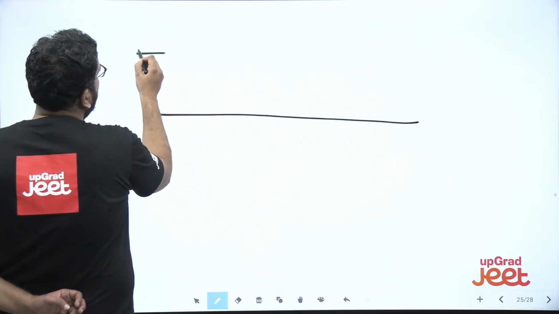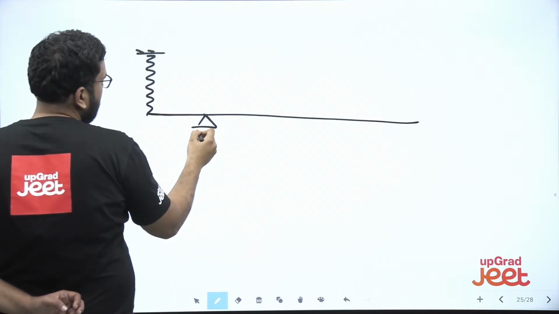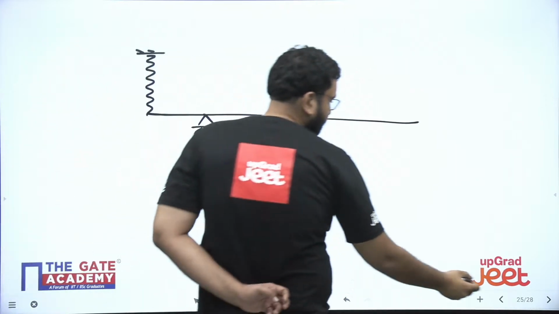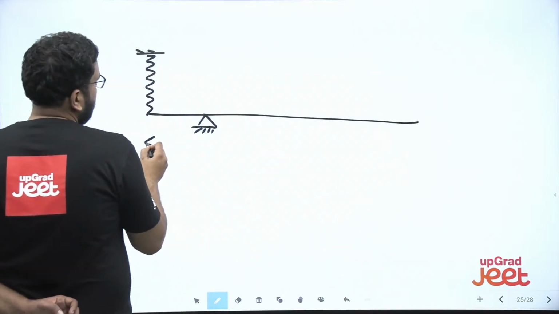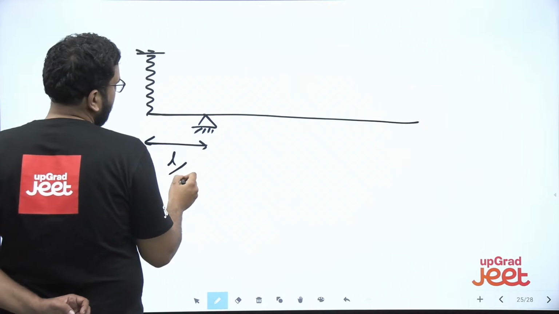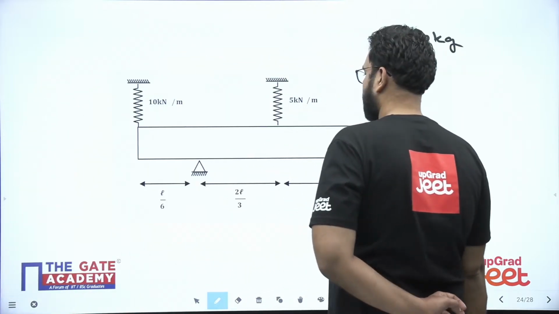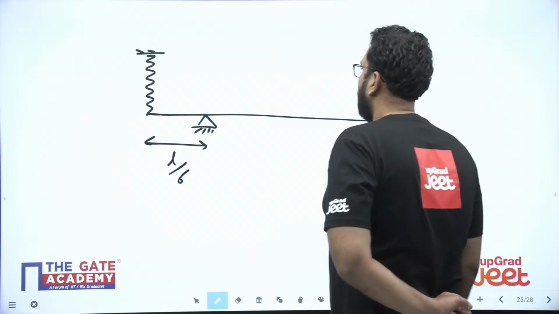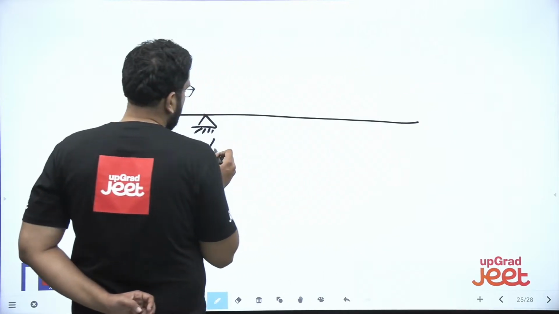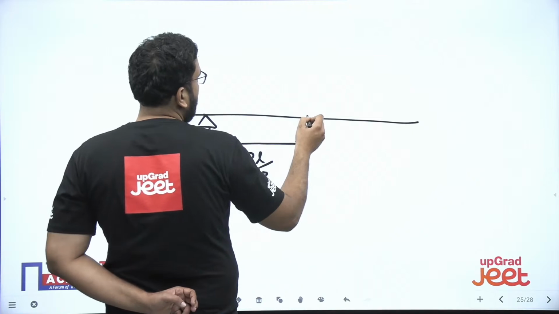So we have a spring here. We have a hinge here. The distance is L by 6, and this is going to be 2L by 3.